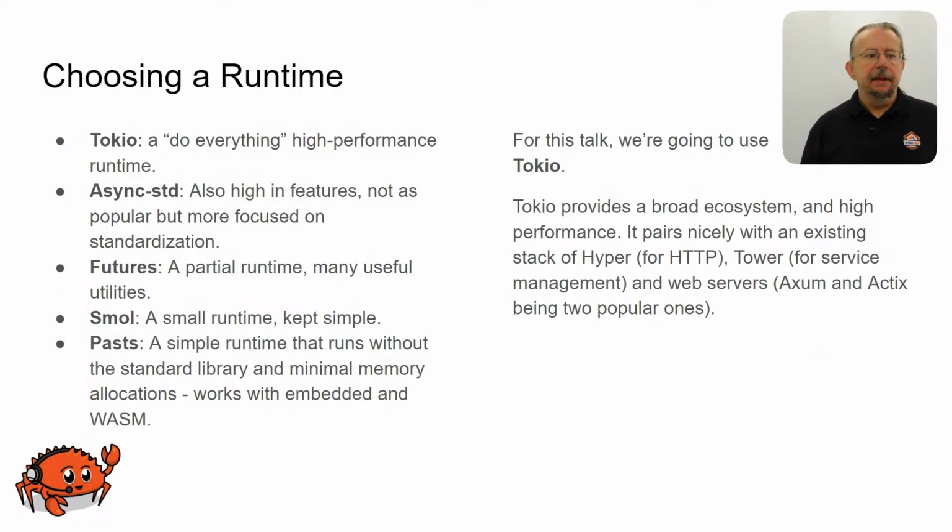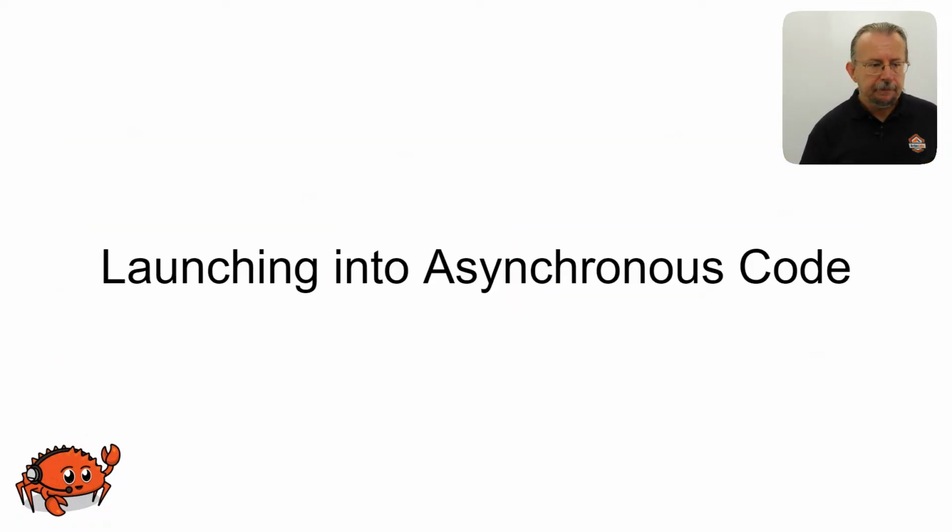And you will find that an awful lot of stacks start with Tokio, add Hyper for HTTP, Tower for service management, and a web server, Axum and Actix being the two most popular ones, typically sits on top. You can mix and match these as you need them. You can go without them and write the services yourself. Tokio is quite capable of letting you go all the way down to the TCP layer if you want and implement your network protocol from scratch.